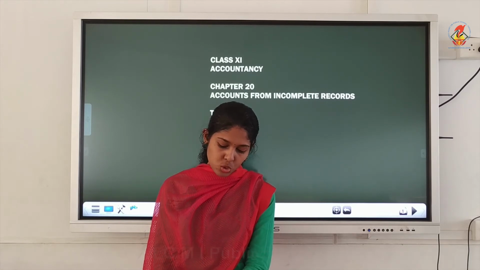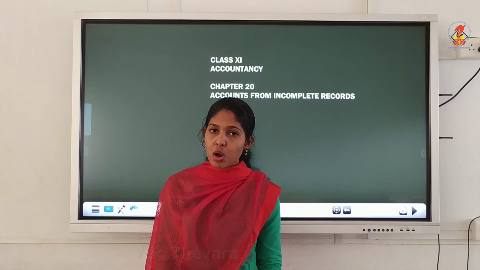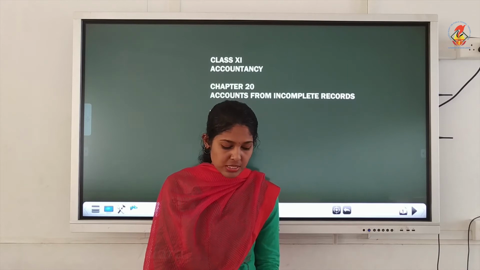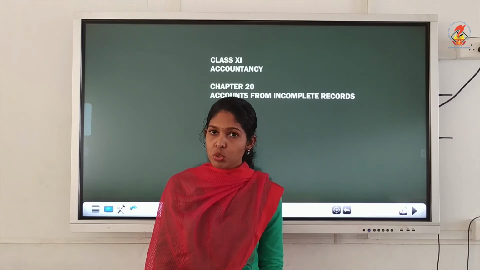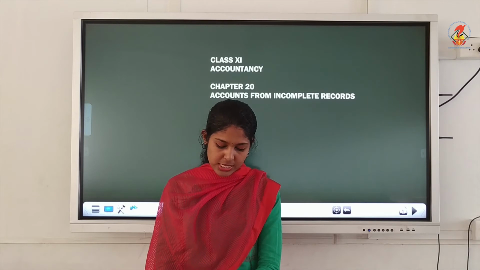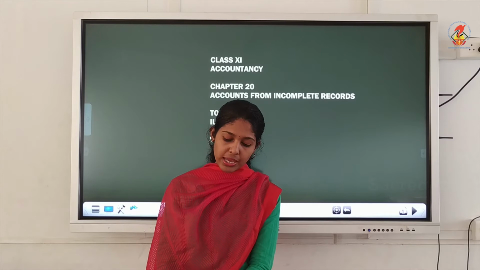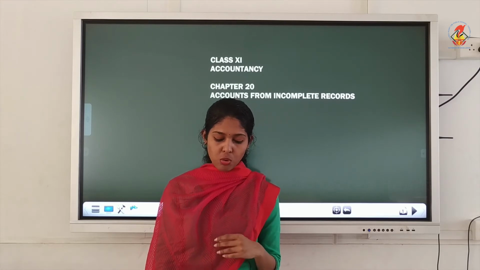Then 2 months rent outstanding amounting to rupees 300. 2 months rent outstanding amount is directly given, rupees 300. You don't have to multiply it again by 2. Understood? Because that is 2 months rent. Then commission earned but not received by him was rupees 3,600.